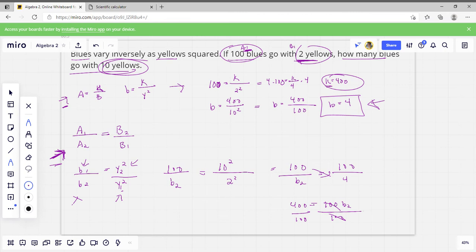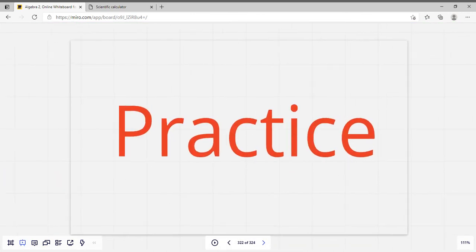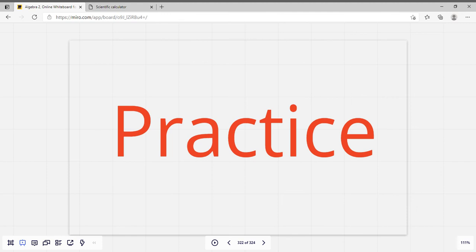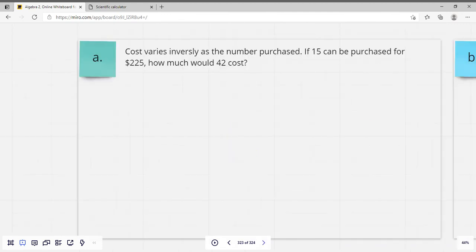And we'll get B2 equals 4. So we came up with the same answer, just 2 different ways to do it. Just make sure you flip it on that one if you're using that way. You've got to flip that second one.